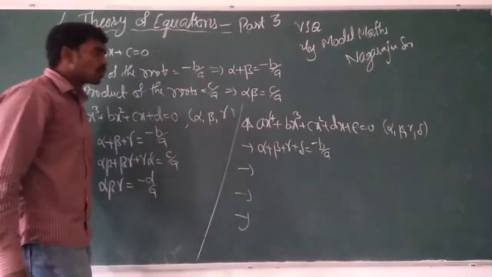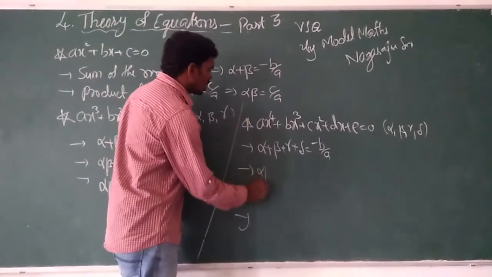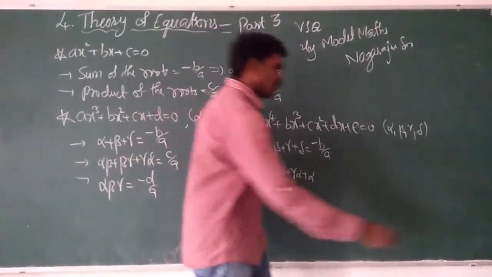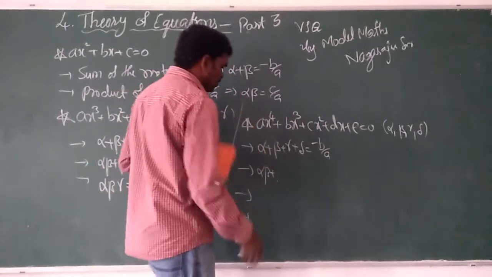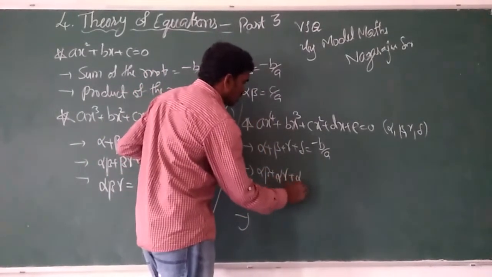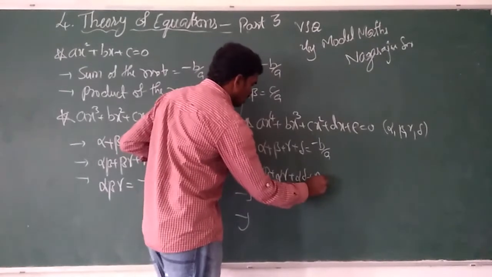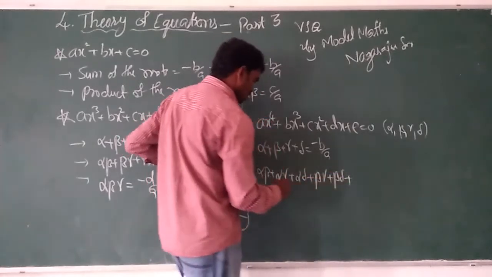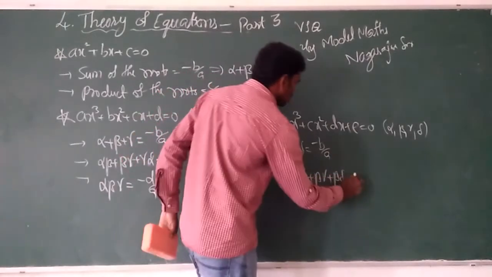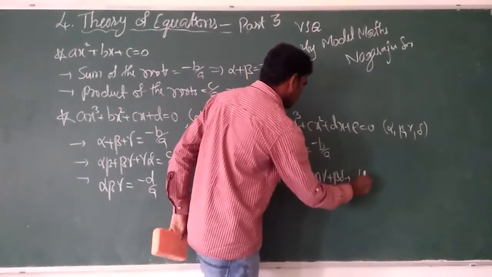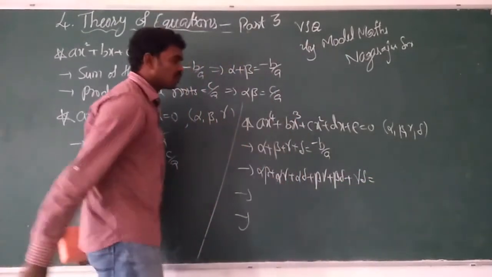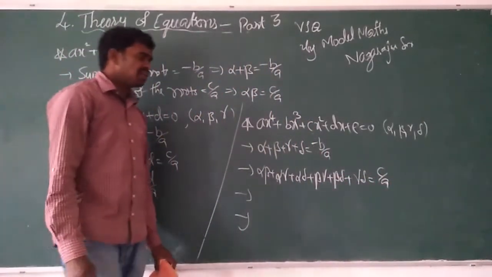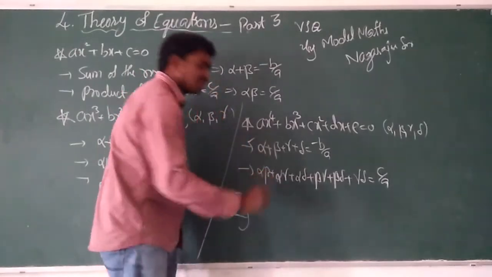Next, the sum of products of two roots taken at a time: alpha beta plus alpha gamma plus alpha delta plus beta gamma plus beta delta plus gamma delta, which is c by a. Of course, we can use the first one and the last one in problem solving.